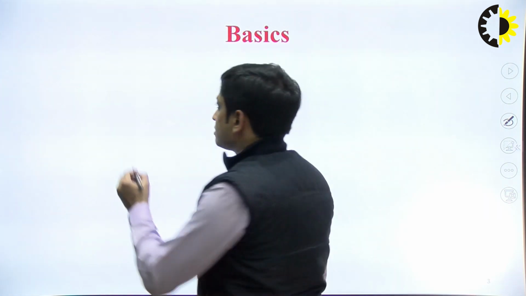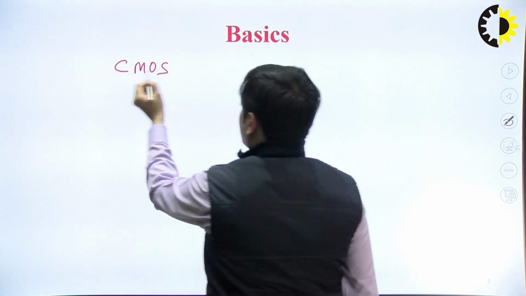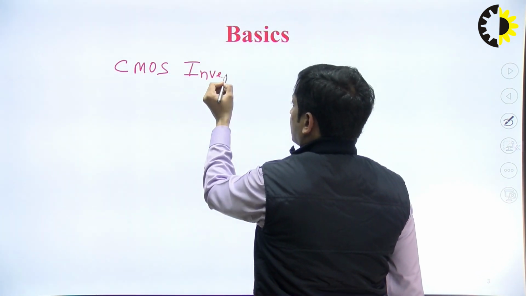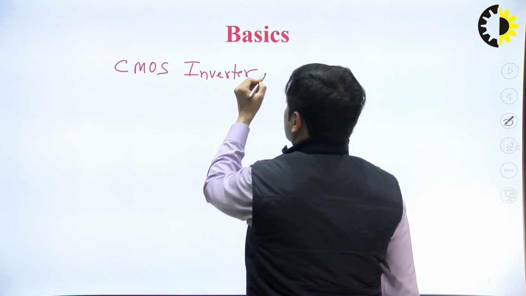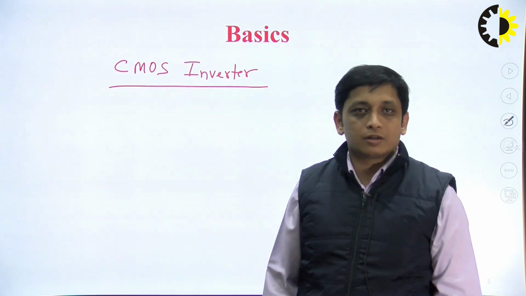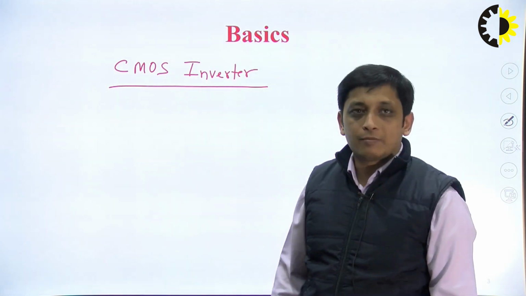As far as this CMOS inverter is concerned, CMOS stands for complementary metal oxide semiconductor. It is called complementary because at a time only one transistor is on, and the other one is off, and it consists of two transistors, PMOS and NMOS.